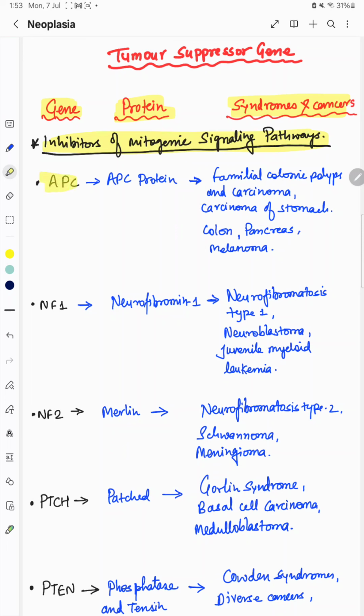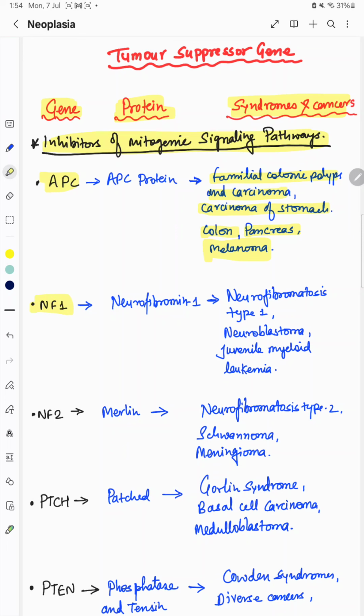First gene is the APC gene. Product of the APC gene is APC protein. Mutation of this gene will result in familial colonic polyps and carcinoma of stomach, colon, pancreas, and melanoma, mostly GI cancer and melanoma.